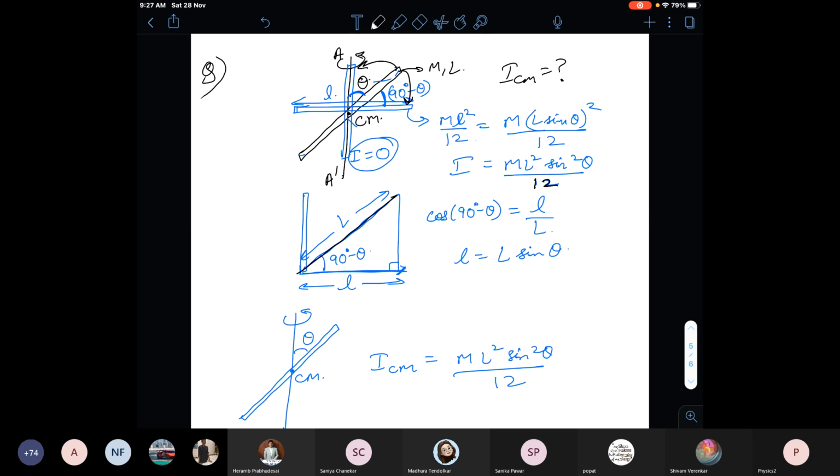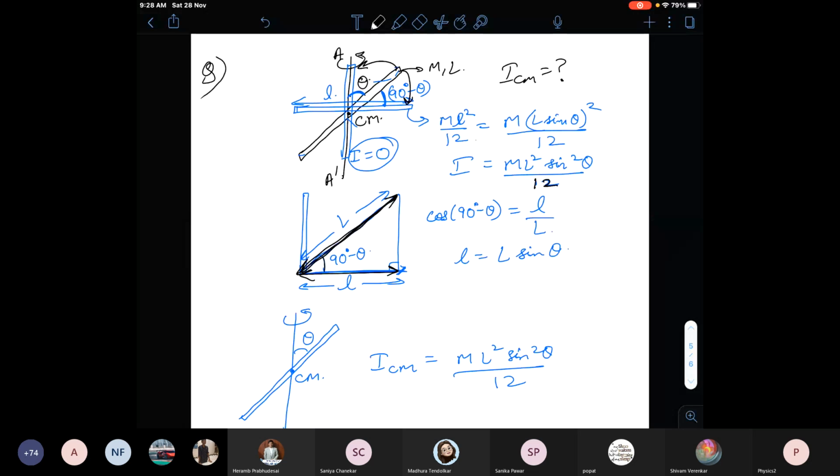First of all, this was the length L. At this angle there was a length L rod kept like this. What I needed was the horizontal component of this length, that is this small l, because about that rod the moment of inertia is ml square by 12. I just need to find the length of that component of the rod. So I drew a right angle triangle. The capital L length was the hypotenuse and small l was the component which I require.